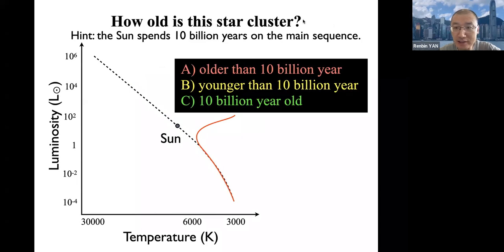How old is this star cluster? Another poll. This here is where the main sequence is, and here is the cluster's distribution, and here is the position of the sun.